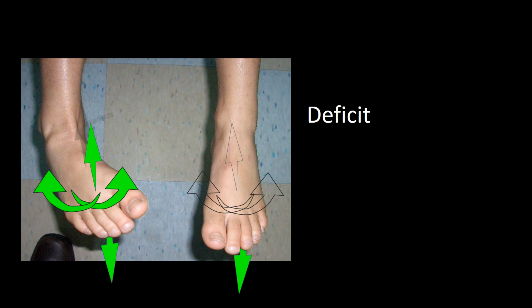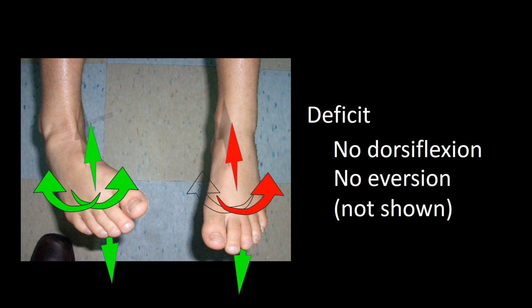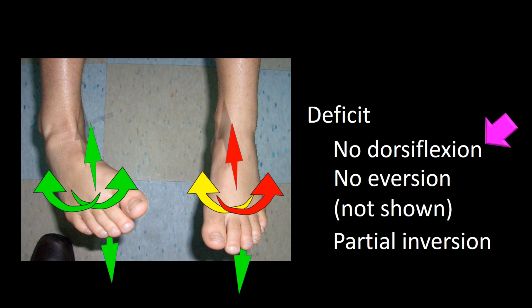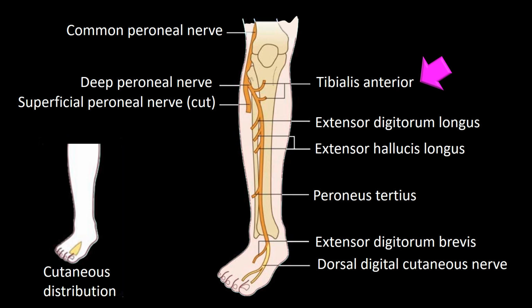The patient deficit consists of no dorsiflexion, no eversion, and limited inversion of the left foot. The lack of dorsiflexion indicates tibialis anterior weakness. The anterior tibialis is innervated by the deep peroneal nerve.